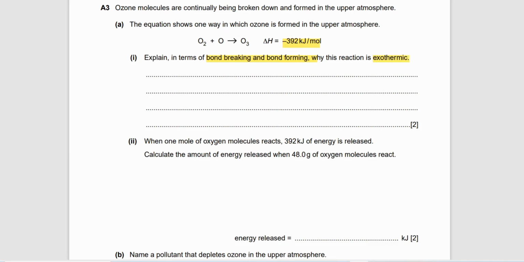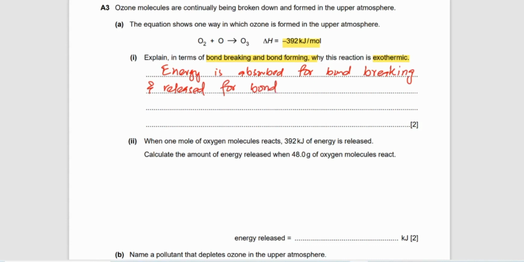So you know that the amount of energy used in bond breaking is lesser. Energy is absorbed. We have to write three things. Energy is absorbed for bond breaking, and released from bond formation.